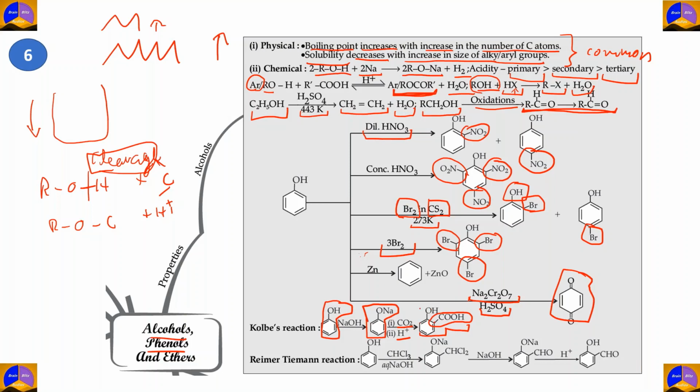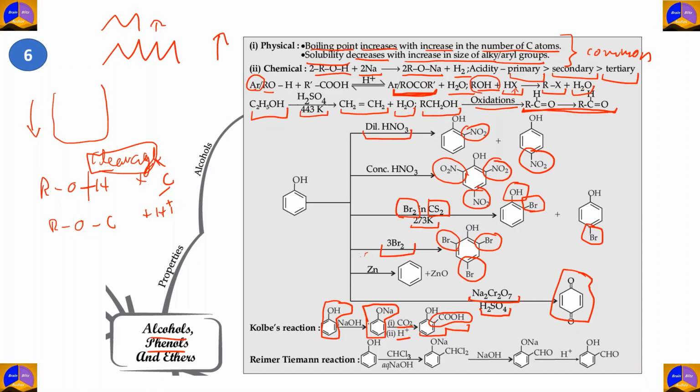The phenoxide ion generated by treating phenol with sodium hydroxide is even more reactive than phenol towards electrophilic aromatic substitution. So it undergoes electrophilic substitution with carbon dioxide, which is again a weak electrophile, in an acidic environment to give you ortho-hydroxybenzoic acid. This is the first reaction.